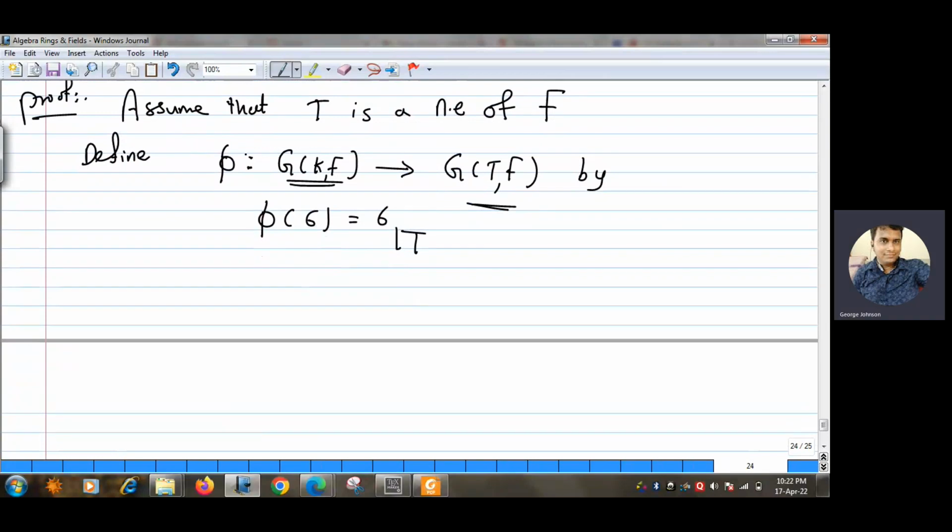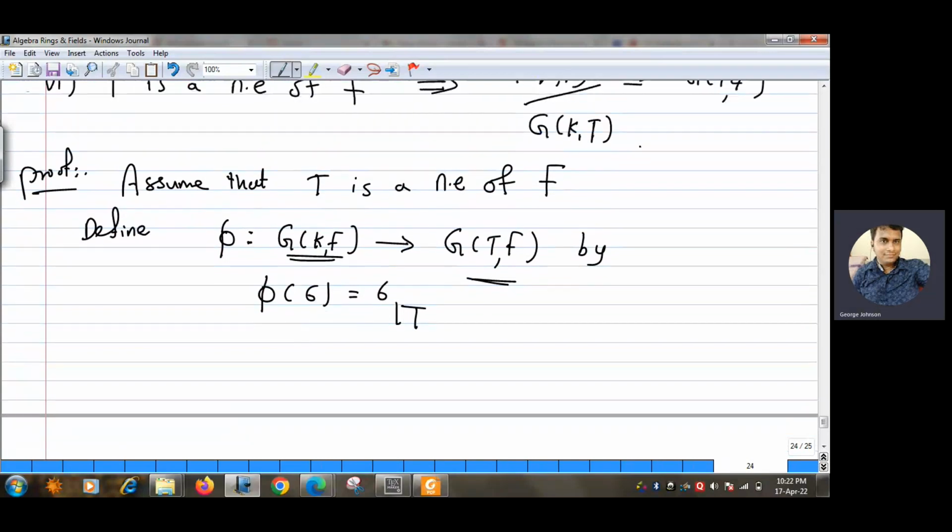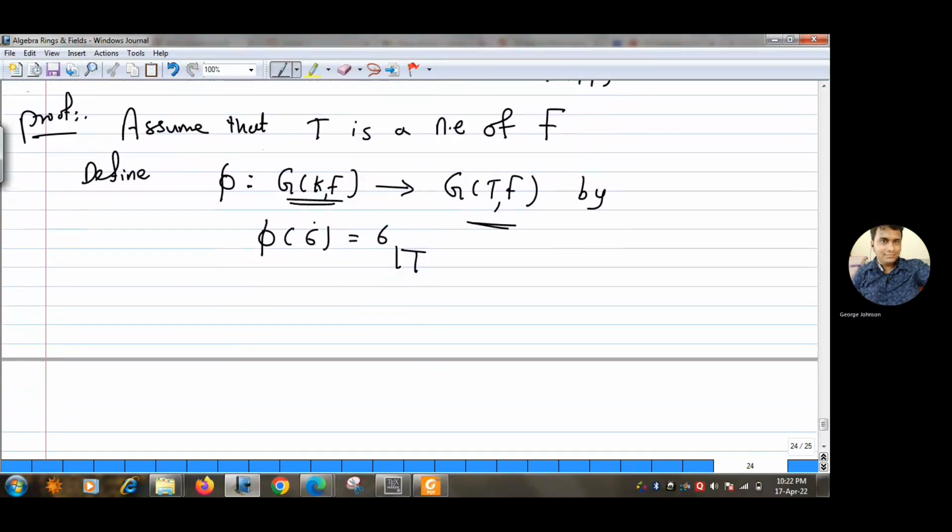Now we'll show this result using the first homomorphism theorem. We can easily check that this phi is a group homomorphism, so I can use the first homomorphism theorem.